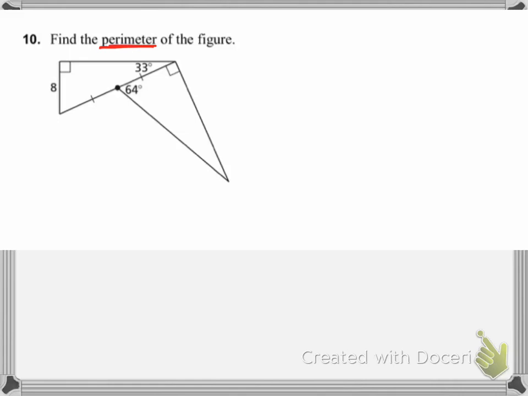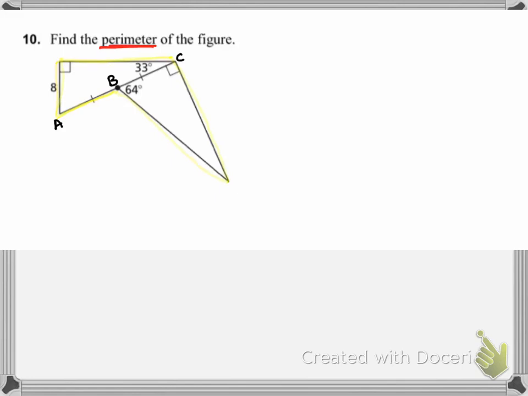In order to find the perimeter, we're first going to name the triangle so that I can have a little bit of ease: A, B, C. Then I'm going to give some variable names here, because for the perimeter I have to add this side, this side, and this. I have to add all.